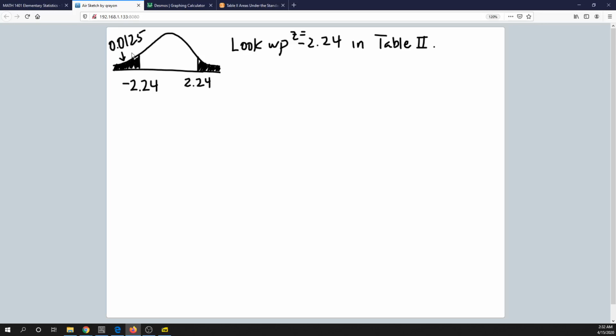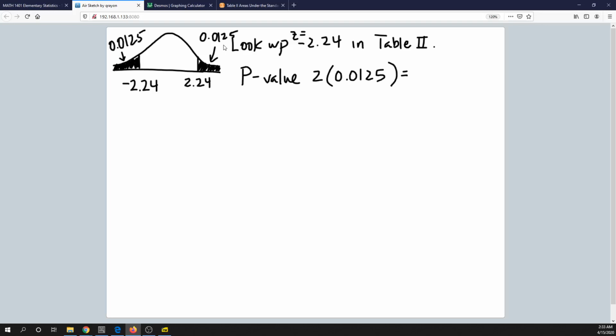Because we know that the standard normal curve, or any normal curve, is symmetric about the mean, that means the area of this piece over here is also 0.0125. So that means that our p-value is going to be 2 times 0.0125, okay?